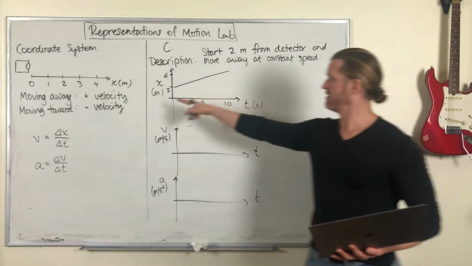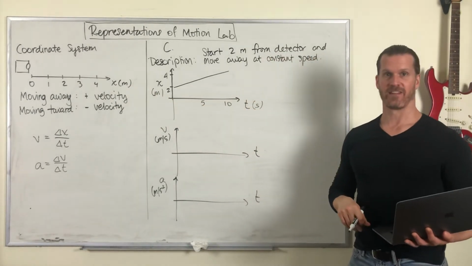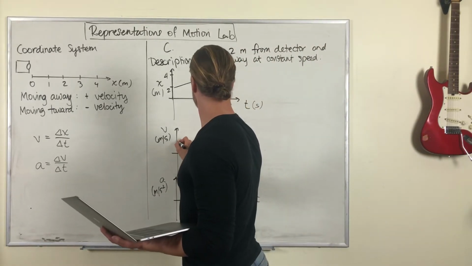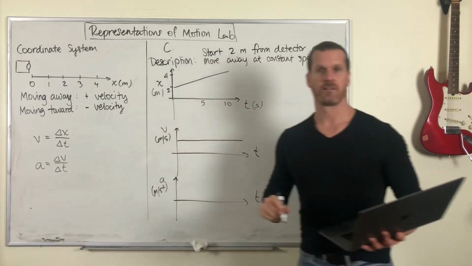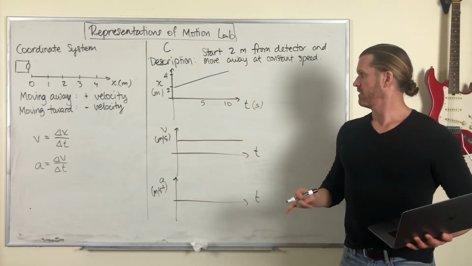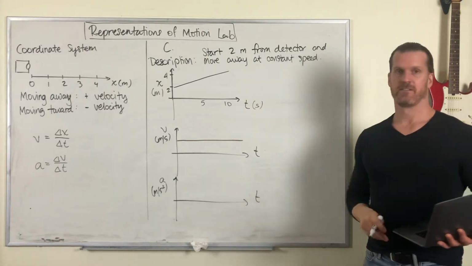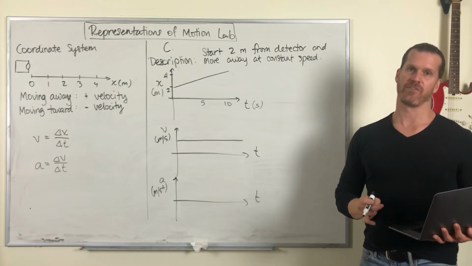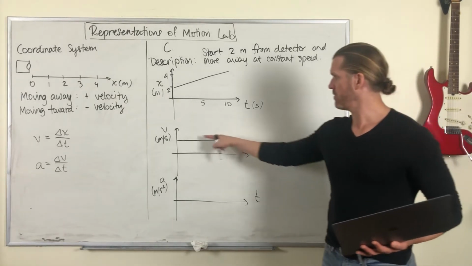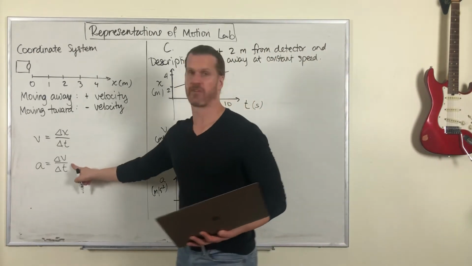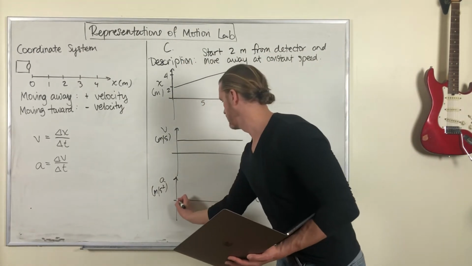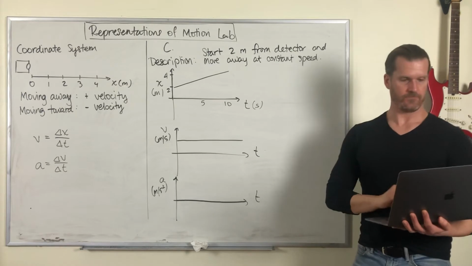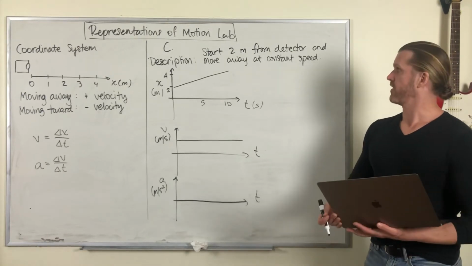And moving away implies that your velocity is positive. So velocity versus time is going to look like that. So this velocity is constant. You're moving at a constant speed in the positive direction. Because this velocity does not change, that means acceleration is 0. All right, so that was part C.